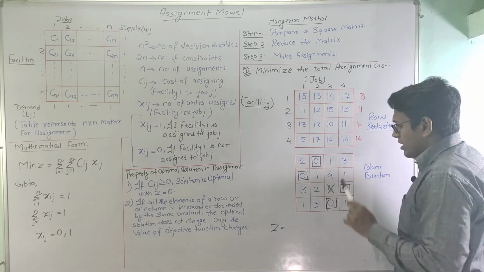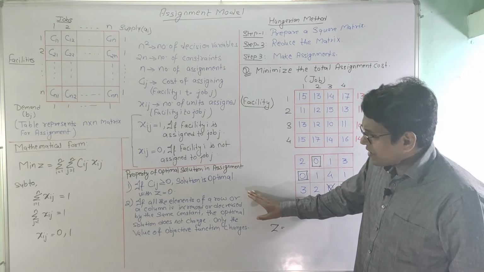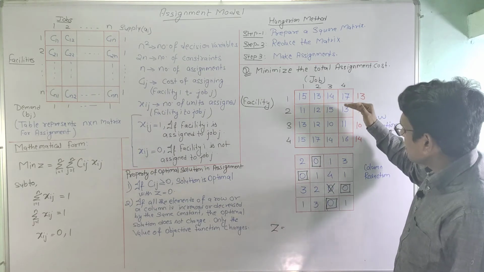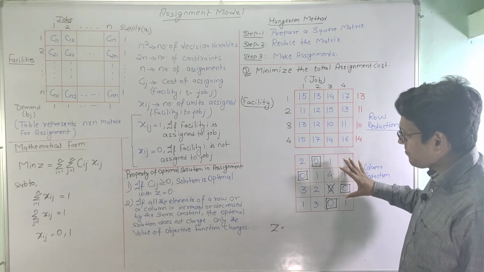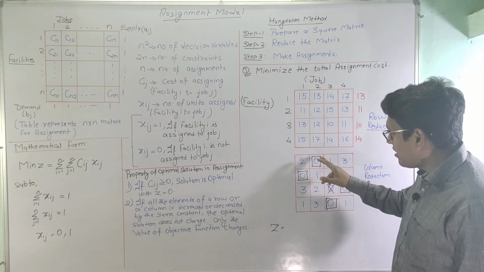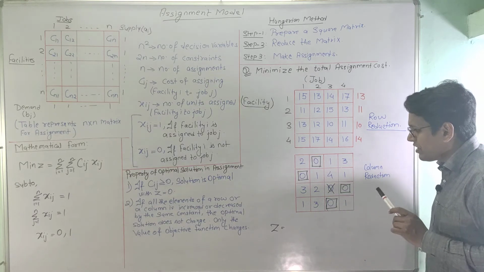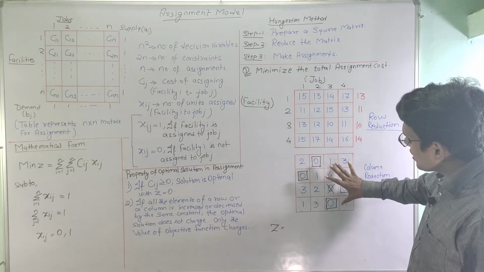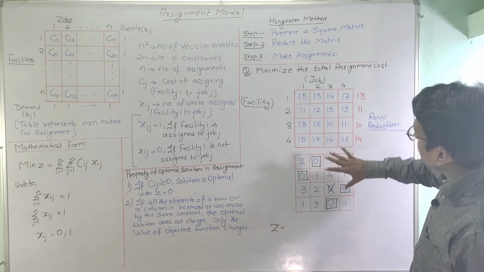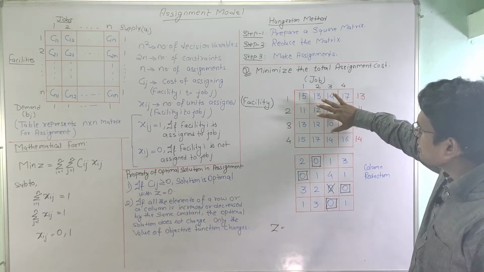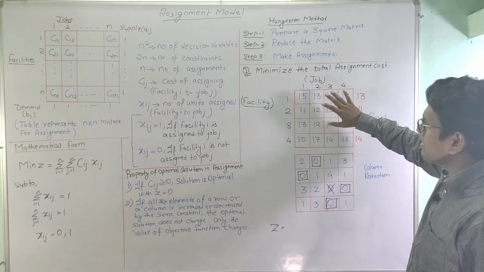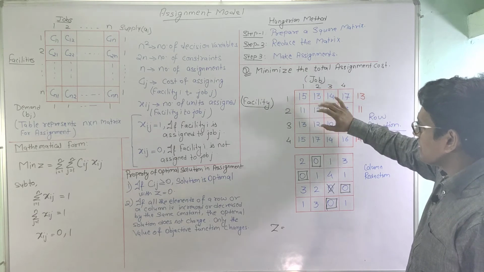Now from the second property, we know that after reducing the matrix, the optimal solution does not change, only the value of the objective function changes. That means this particular solution is also optimal for this matrix, but the only thing is the value of the objective function changes.